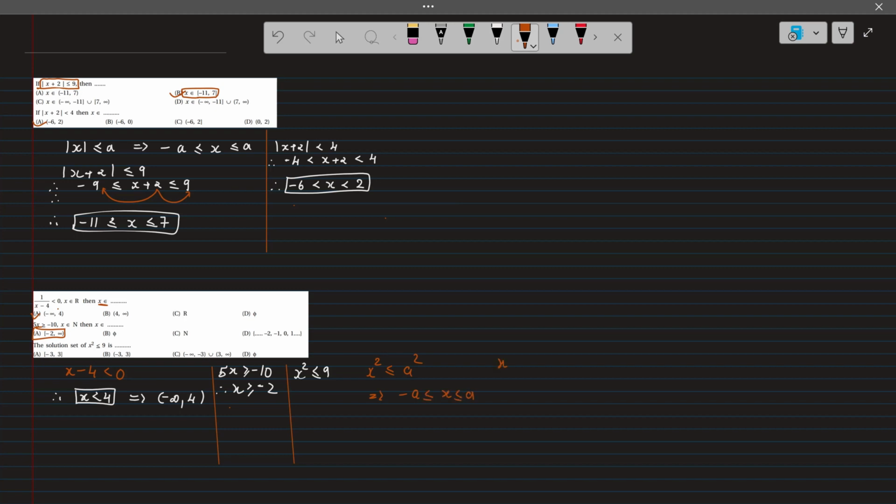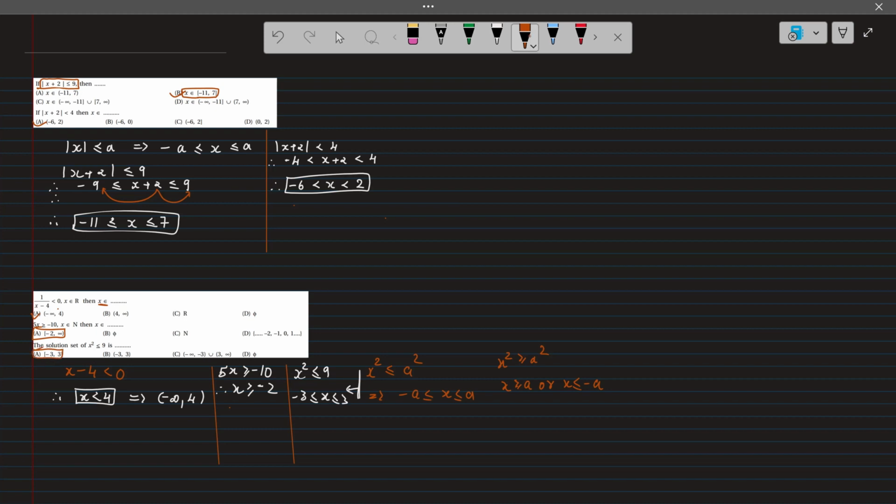If x square is greater than equals to a square, then we can say x is greater than equals to a or x is less than equals to minus a. Here we can use this identity and we can say x should lie between minus 3 to 3. Both included. So from the options we can say option A satisfies our condition.